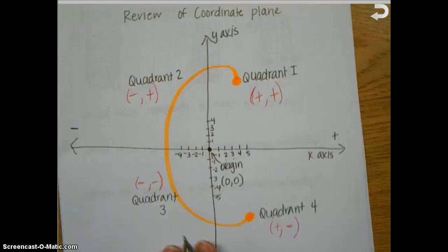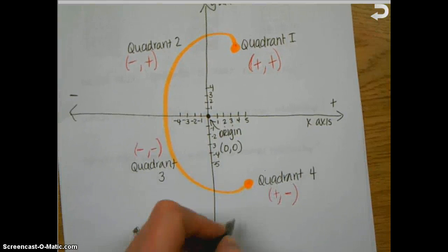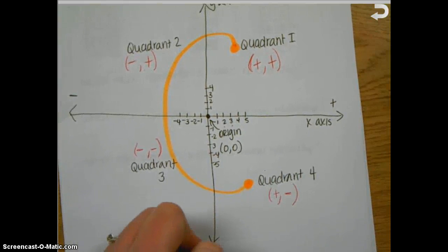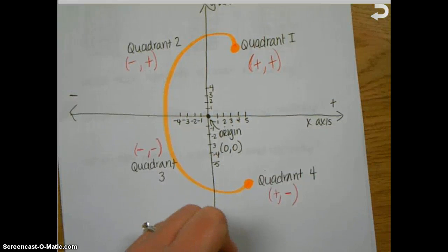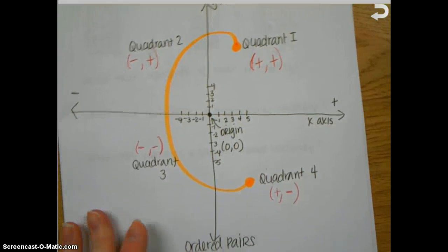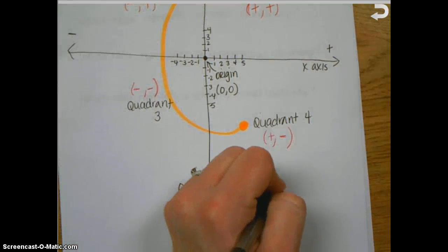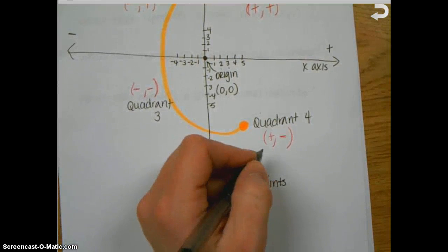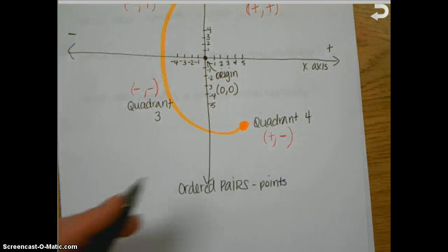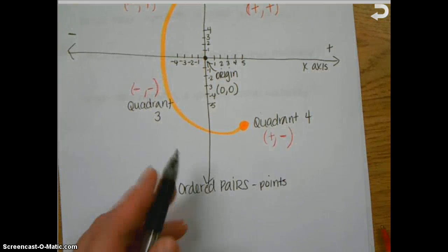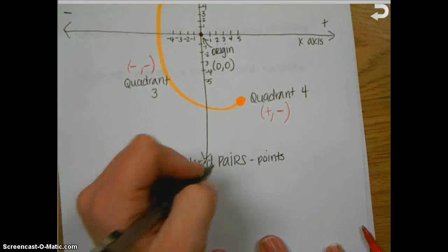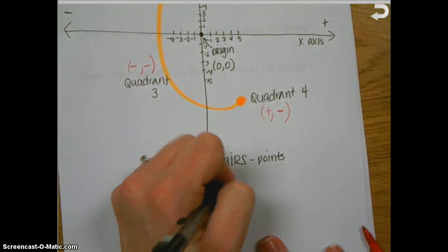The last thing I want to say is that you have ordered pairs. Ordered pairs are basically your points. So you could have an ordered pair, for example, (4, 2).